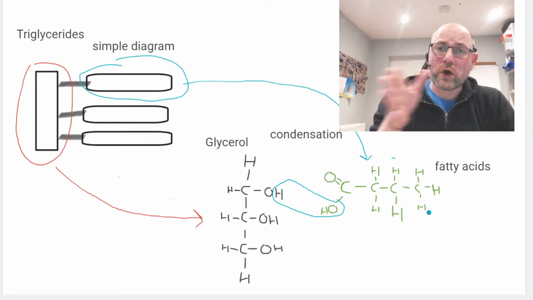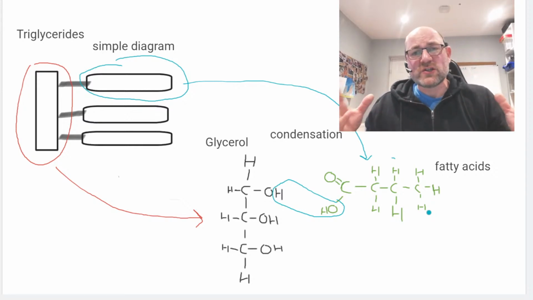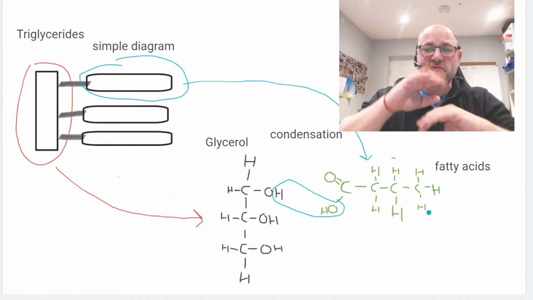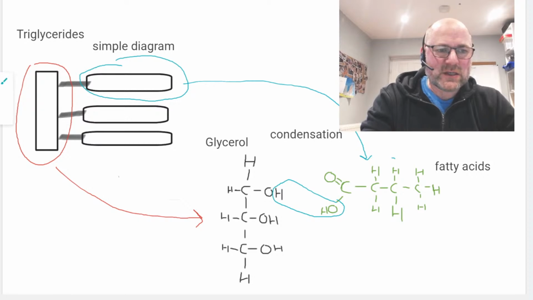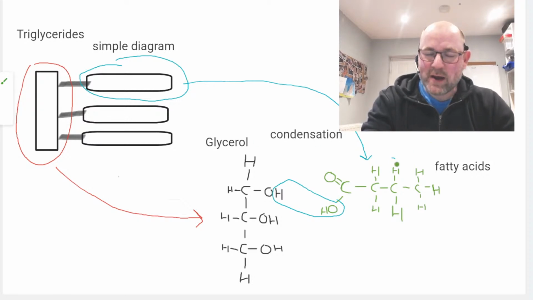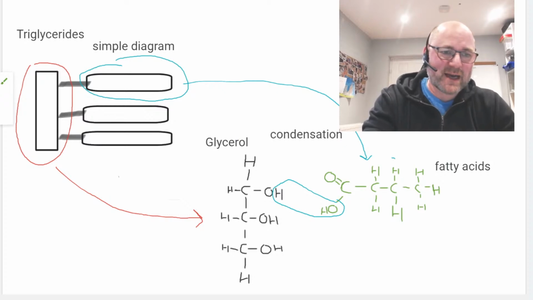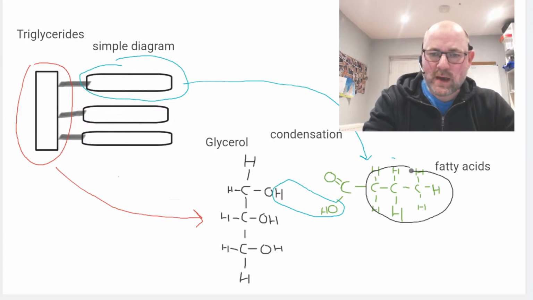Now, it's pretty long drawing all of this out, and when you're studying biology, biologists aren't interested in drawing all the bonds out. We leave that for the chemists. So there is a shorthand way of writing a fatty acid, because this part of a fatty acid molecule can be any length.